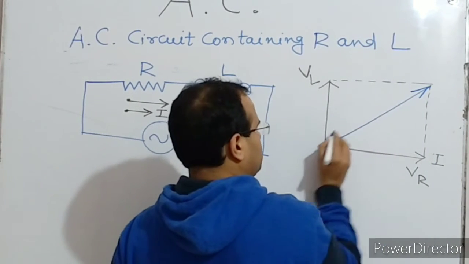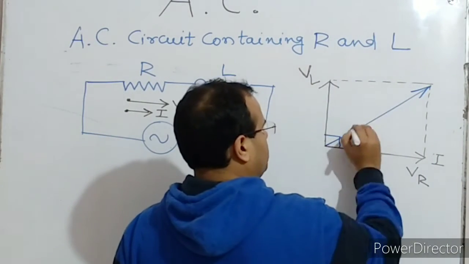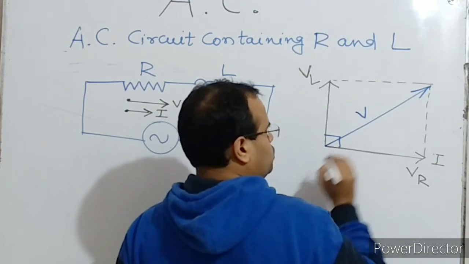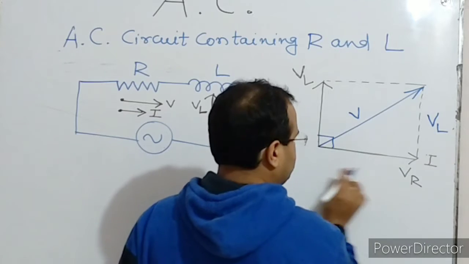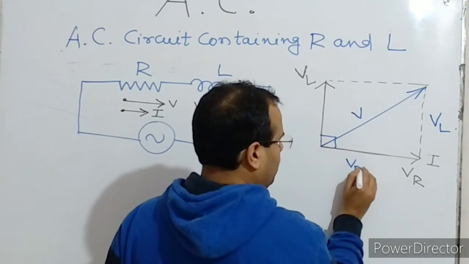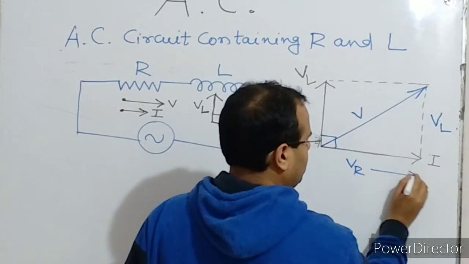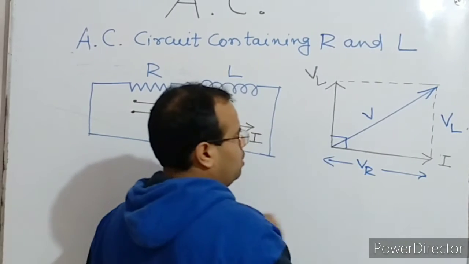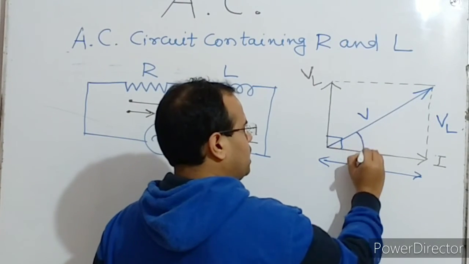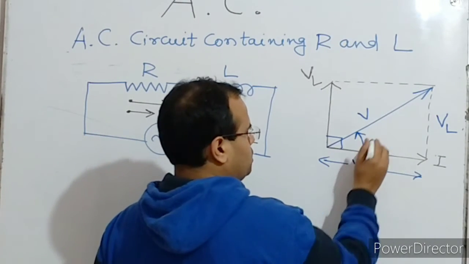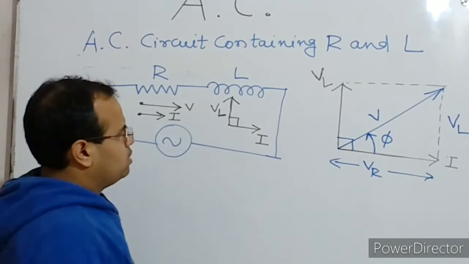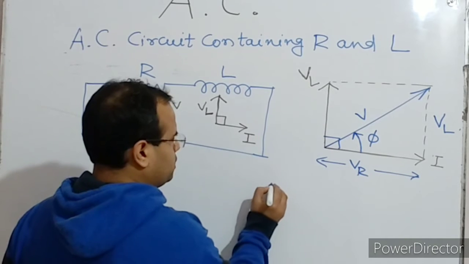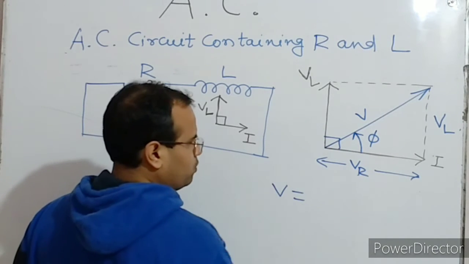This is the angle pi by 2 and this resultant is say V. This is VL, and this is VR. So this angle is say phi.